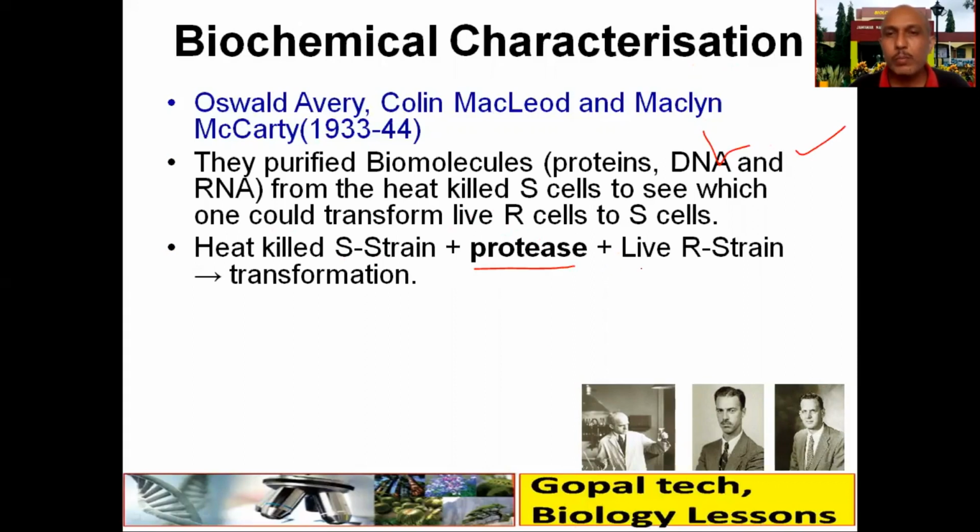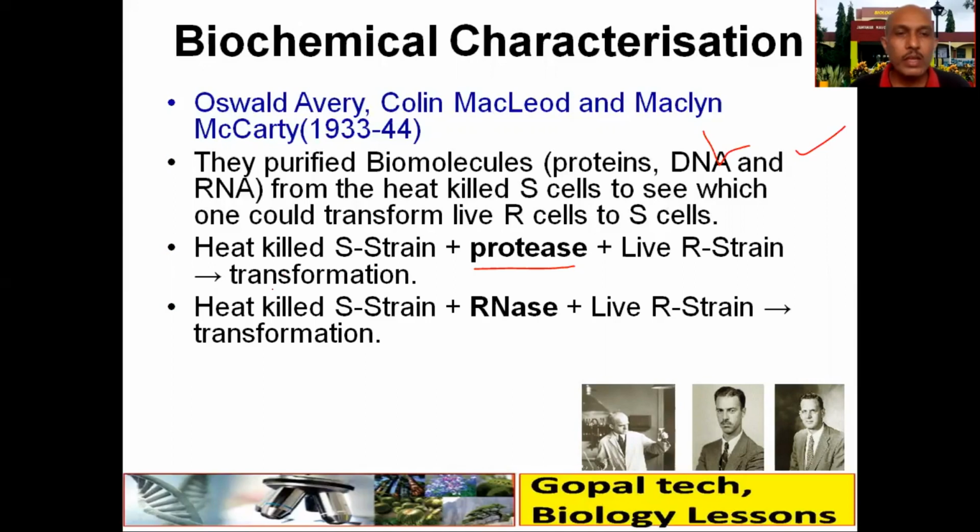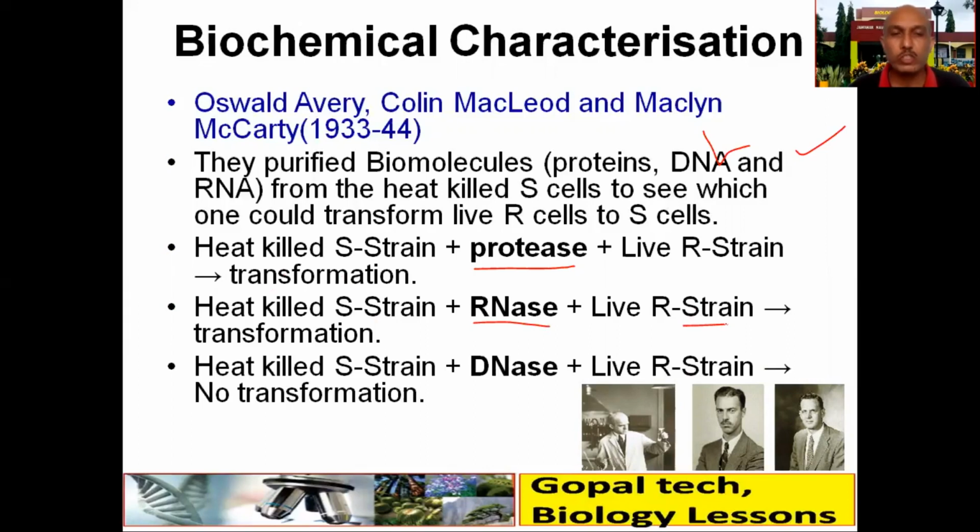Plus live R strain bacteria. So transformation takes place. Then with the heat killed S strain they added RNase, which will digest RNA, not DNA or protein, along with live R strain. Again, here also they observed transformation.